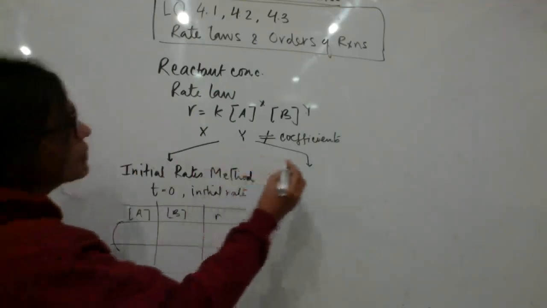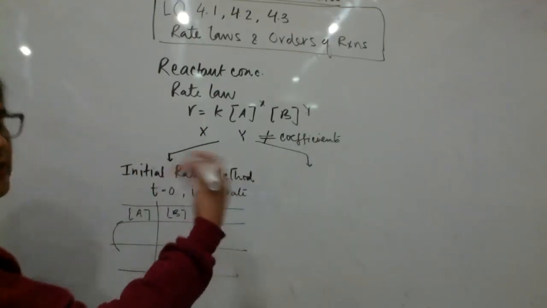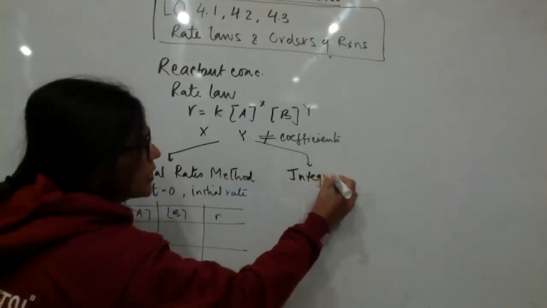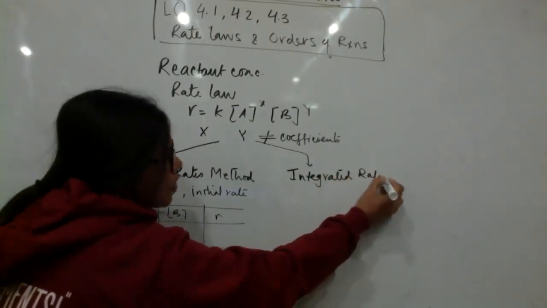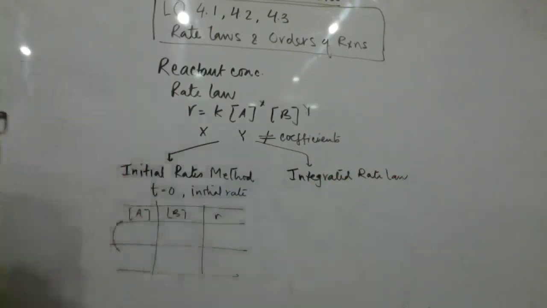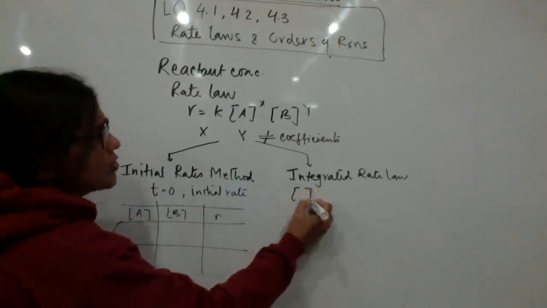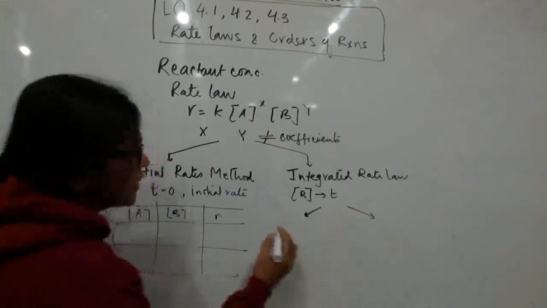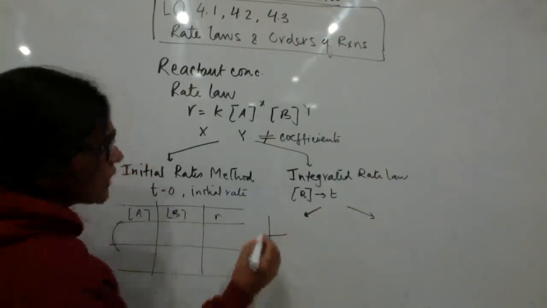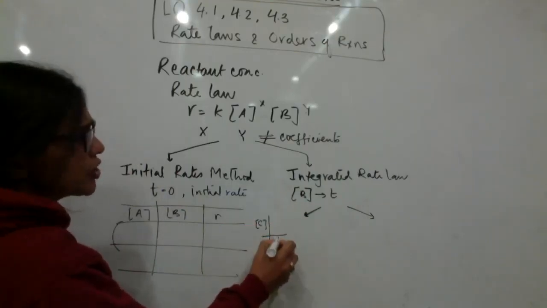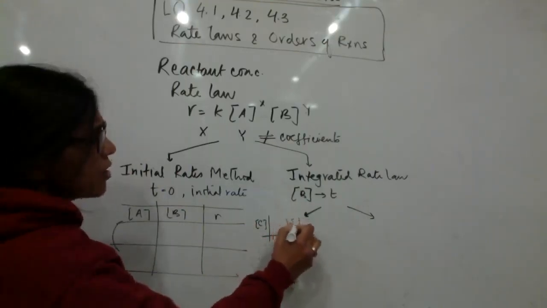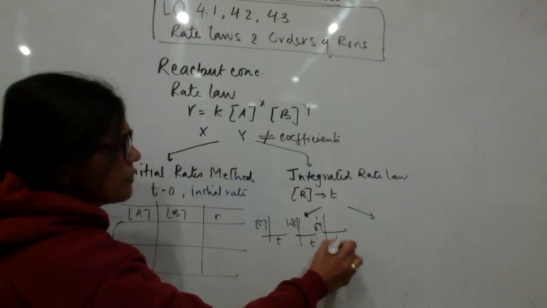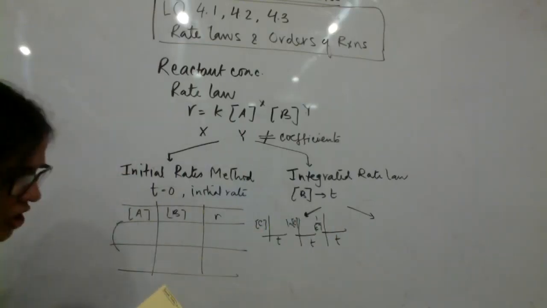The second method that you can use to figure out the rate law is called integrated rate law method. In this method, you measure change in concentration of the reactant with time. And you can either use the graphs as you did in your crystal violet lab, where you plot concentration versus time, or natural log of concentration versus time, or 1 over concentration versus time, and then you see how these graphs change.